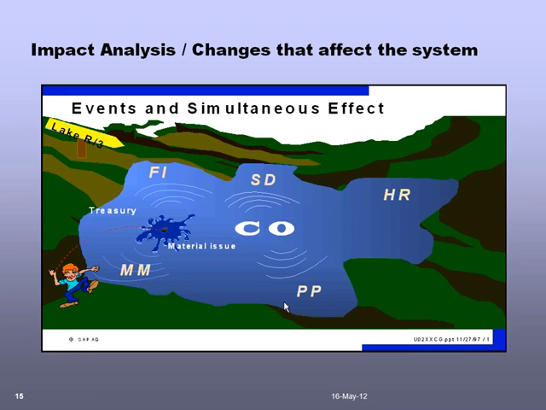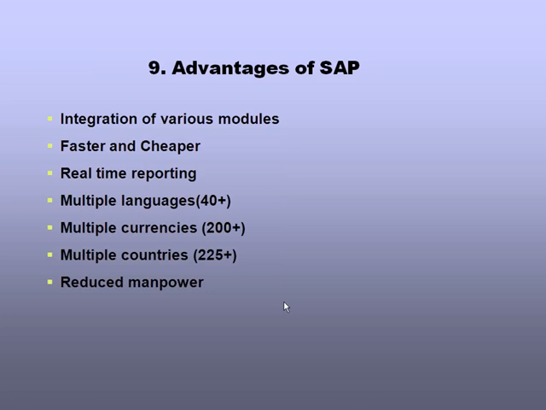Simply throwing a stone is nothing but making a change to the existing process. You need to identify where exactly and in which places it is affecting. That's your responsibility. SAP has got such facilities. And then these are various advantages.